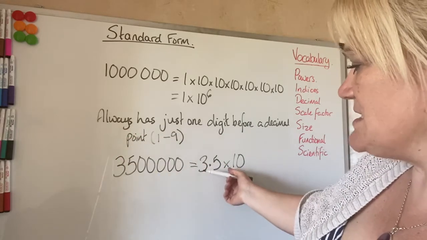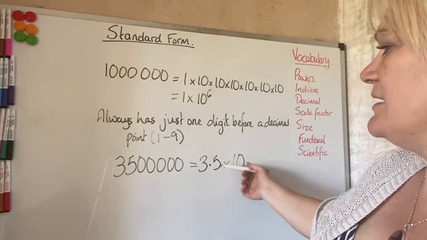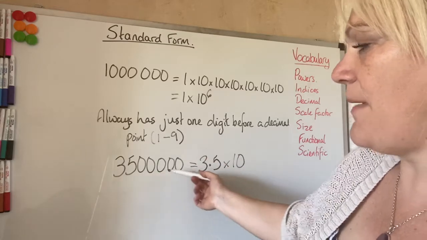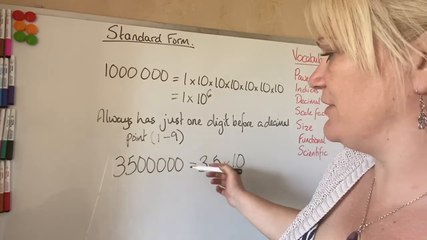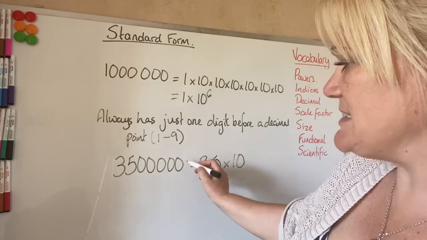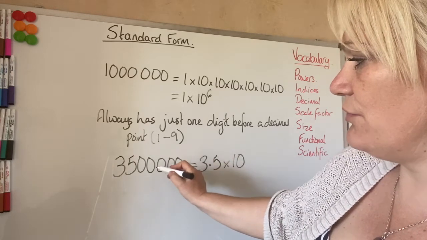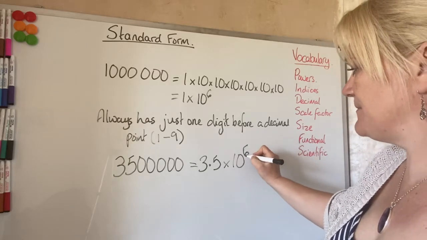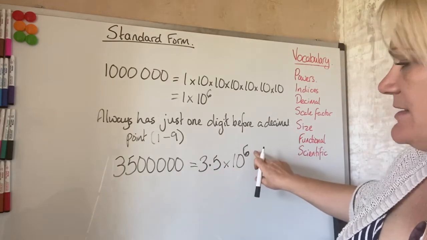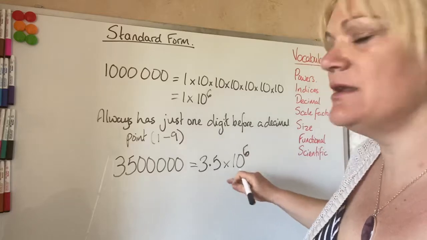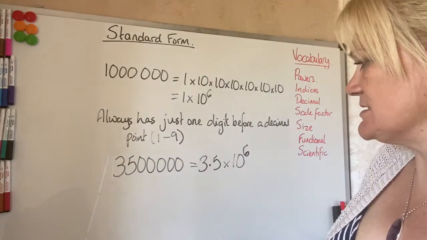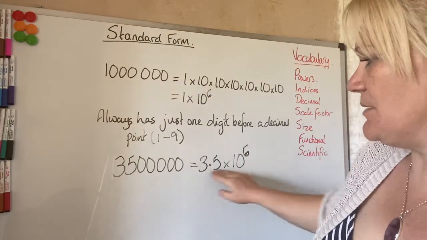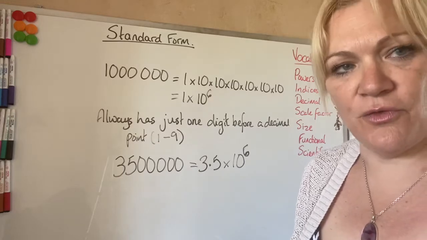Well, what would I multiply 3.5 by to get 3,500,000? I'd multiply by 10, 1, 2, 3, 4, 5, 6 times. The 3 times 10 to the power 6 would give me 3 million. So that would be this number written in standard form.